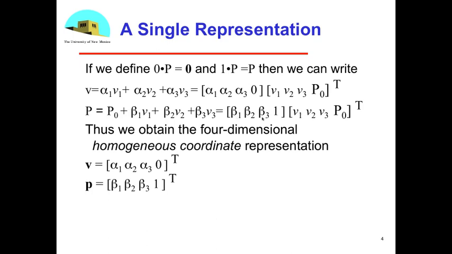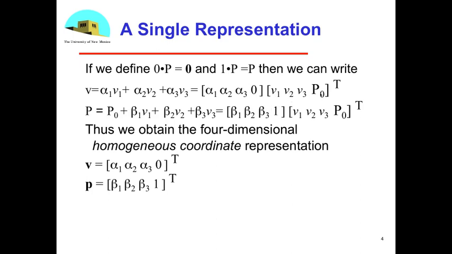Beta 1 v1 plus beta 2 v2 plus beta 3 v3, plus now this 1 I put here times p0, but we agreed that 1 times a point is a point. So this comes out to be p0 plus beta 1 v1 plus beta 2 v2 plus beta 3 v3, which is precisely our way of representing a point. So if we worry now only about the representation, because both of these, this vector and this point, are in the same frame.